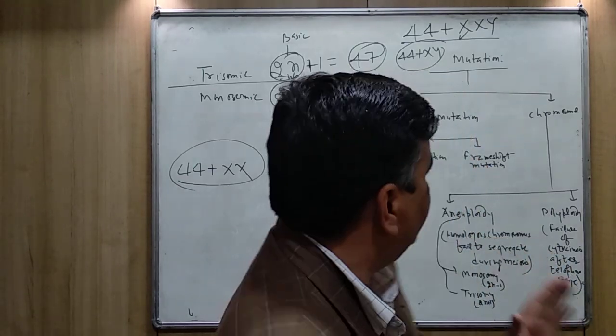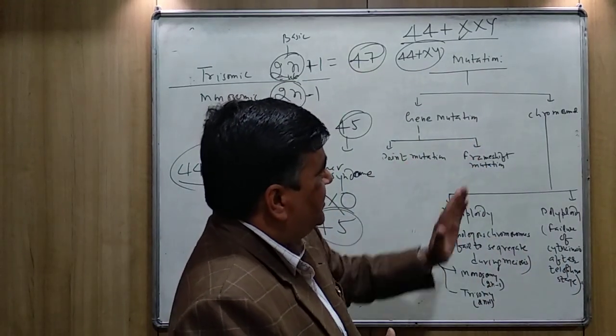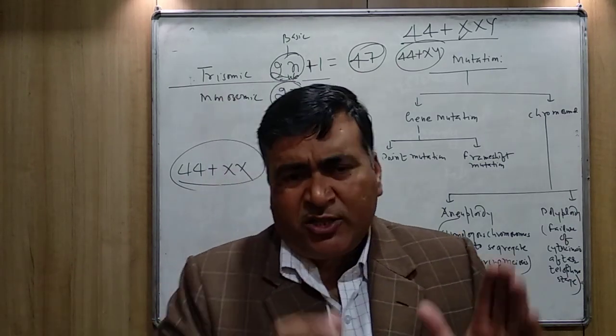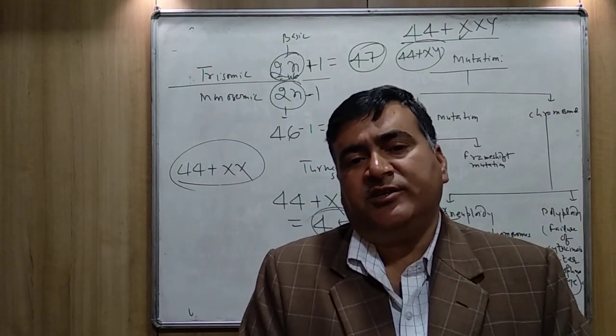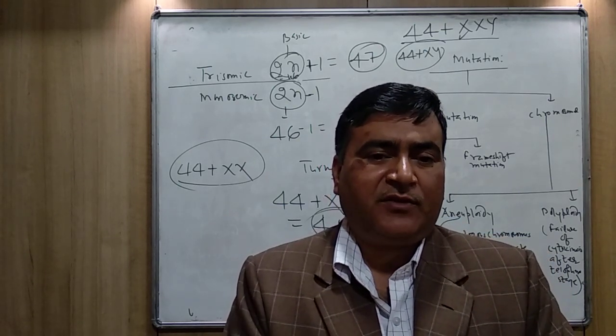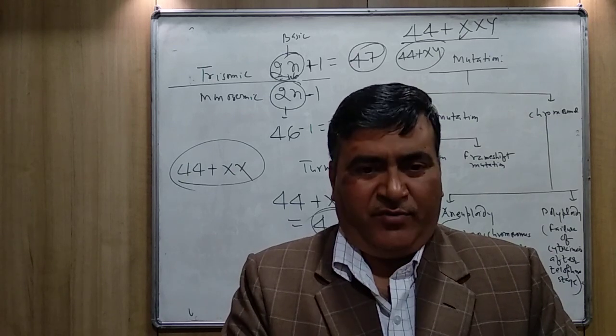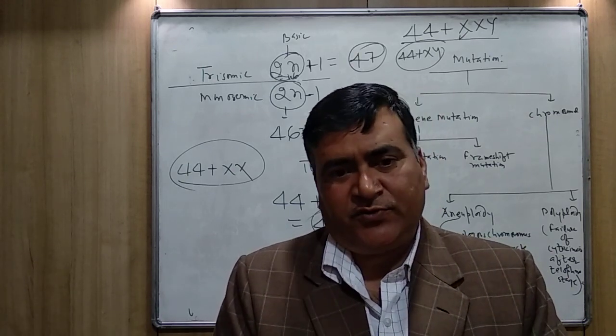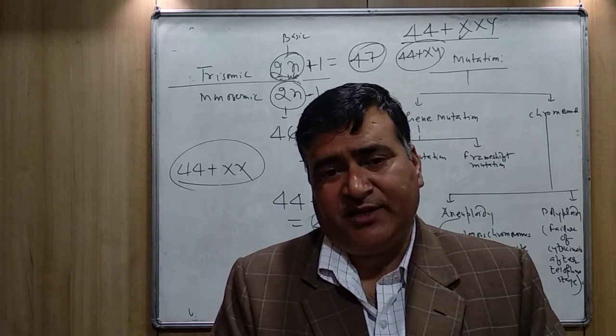But overall, in aneuploidy, not the whole set of the chromosomes is increased or decreased, but one chromosome or maybe two chromosomes. In your textbook, 2n plus 1 and 2n minus 1, these two examples are there.